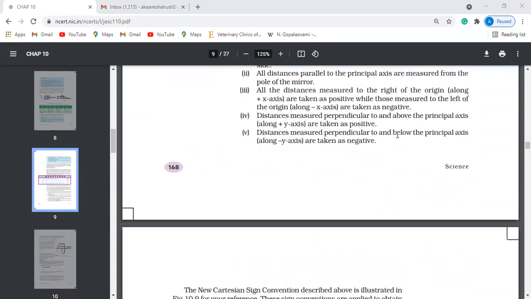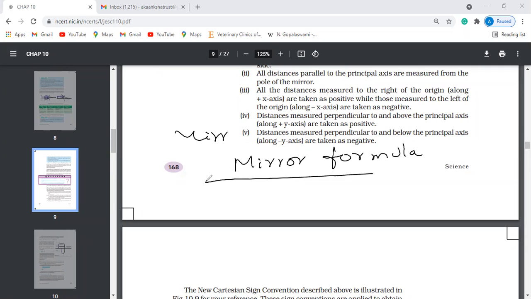The first is the mirror formula. How can you write this? It can be written as 1 by f is equal to 1 by v plus 1 by u. So this is the formula.